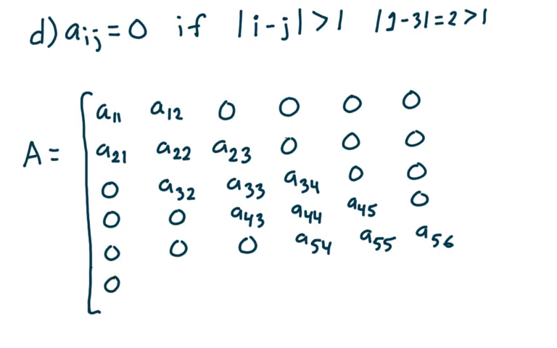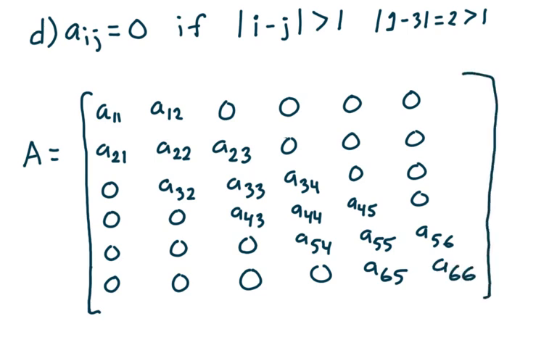A61, 0. A62, 0. A63, 0. A64, 0. A65, and then finally A66. And so that's the interesting matrix, or at least I think is interesting matrix you get.